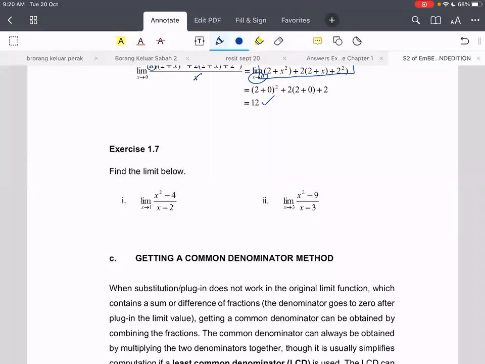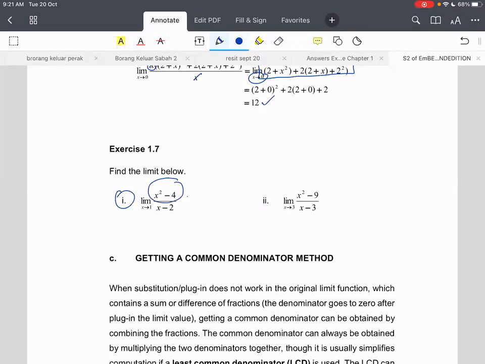Okay, maybe we can do some exercise, the simple one. Try to answer the first Roman here. So you need to expand the binomial terms here.